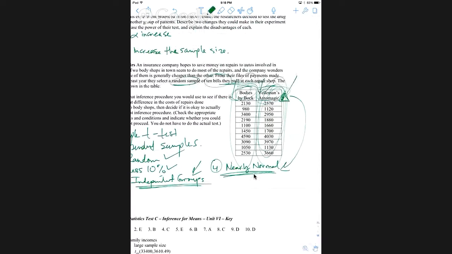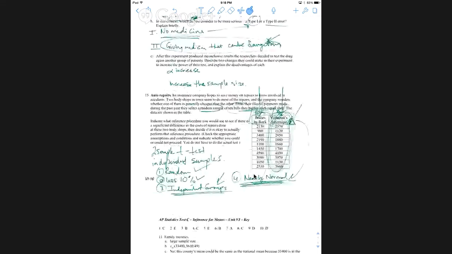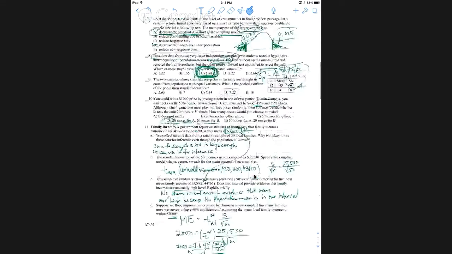Remember, this has to be roughly symmetric and unimodal, but this one, if you check in your calculator, is pretty skewed. So it does not pass the nearly normal condition. Remember that if we're doing a two-sample t-test, both samples have to pass the nearly normal condition. Okay, that's it. That's all of them.